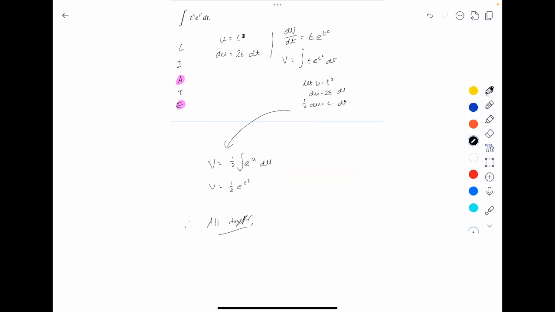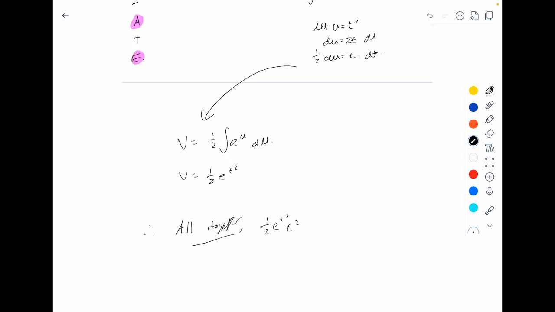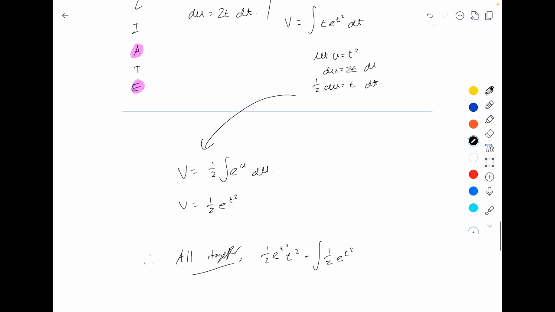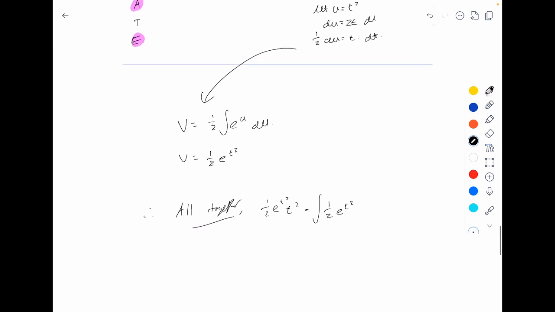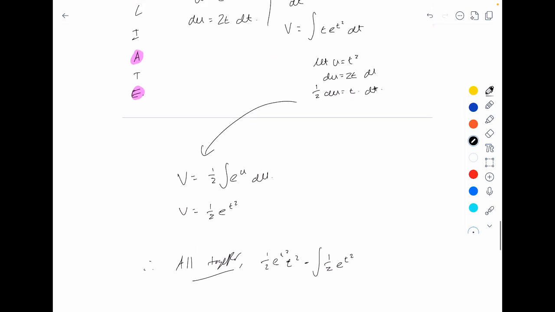But altogether here I've said, well, uv, so that's half e to the t squared times t squared, minus the integral of v du, half e to the t squared times 2t dt.